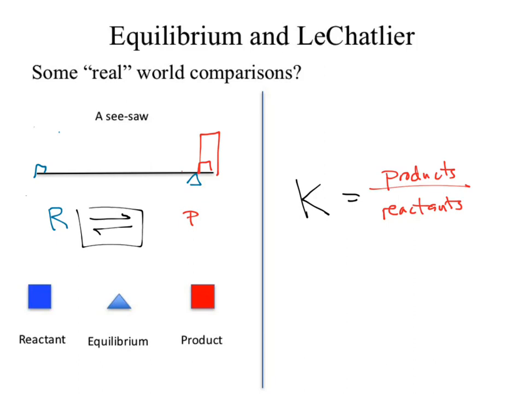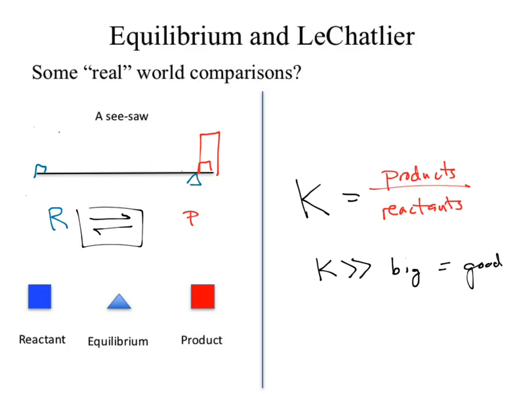What would be a bad K value? If it was extremely low or negative, can it even be negative? No. Why not? Because you can't have less than nothing of something. I can't have a negative value of reactants. My reactants can change, but I can't have a negative value for them.